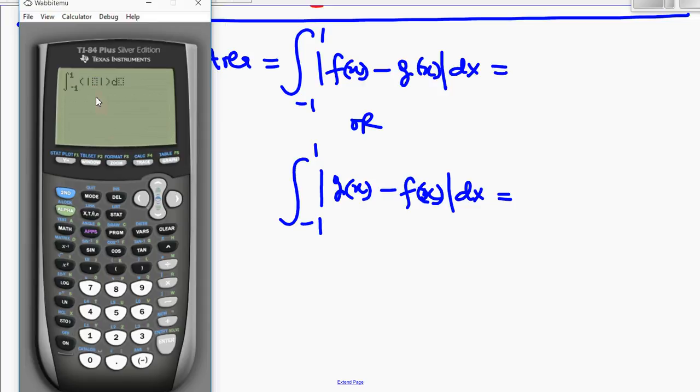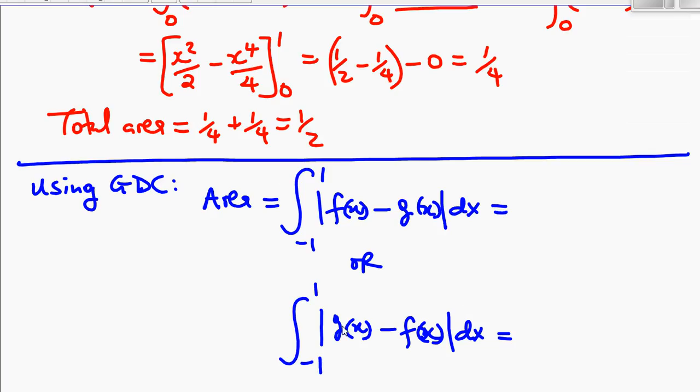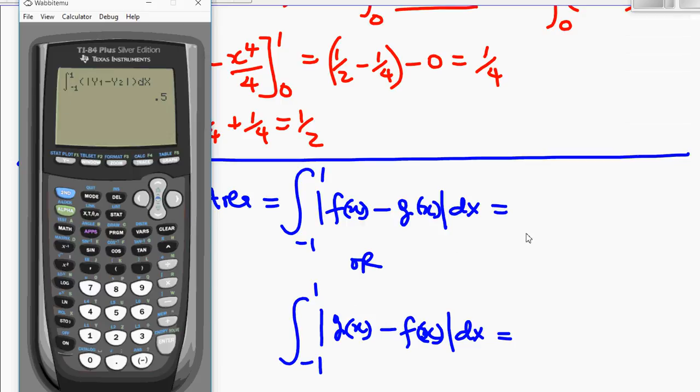So I want to plug in the first function. Go to variables and then select y1 minus, again, I'm going to select y2 because that's what I'm plugging in as the functions. And then with respect to x, and you should be able to get a half. Remember, we had a half as our answer. So that makes sense, a half.